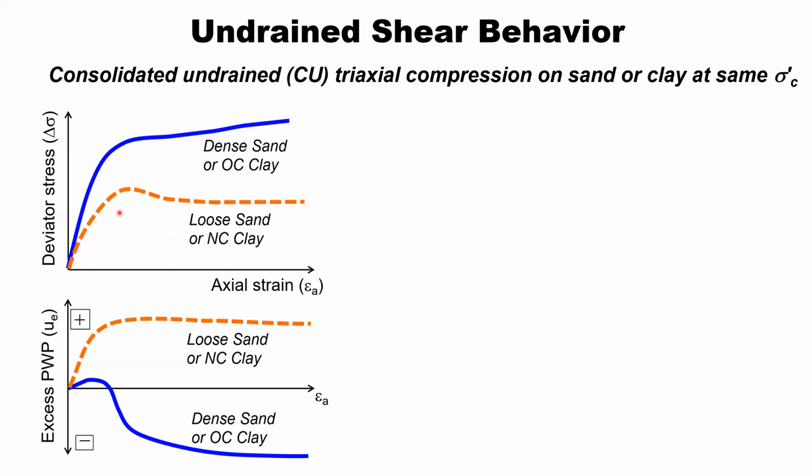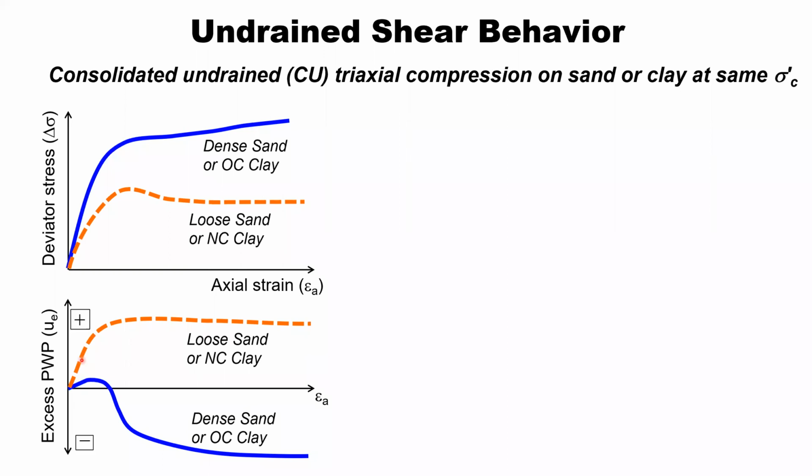Rather than the soil actually changing in volume, because we have turned off the drainage valve, we have undrained conditions. Water cannot escape or enter the soil structure in this case. That tendency for volume change, either contraction or dilation, is going to manifest itself as a change in pore water pressure. So that loose sand that wanted to contract is going to generate positive pore water pressure.